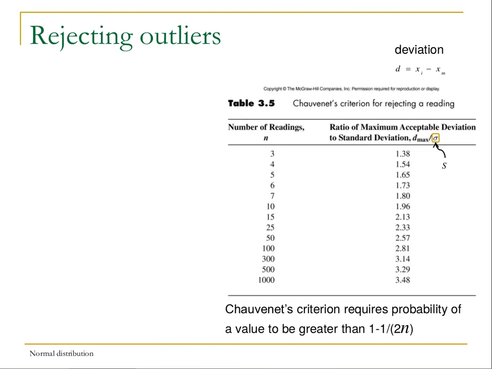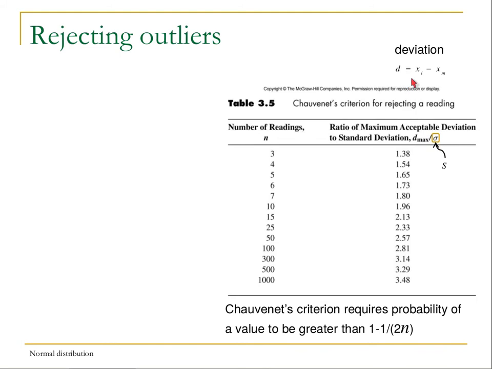And then if that probability is not greater than 1 minus 1 over 2n, then we would get rid of it. Or a quicker way is to use a table like this and just look at the problem in terms of the number of readings, the deviation, and the standard deviation.